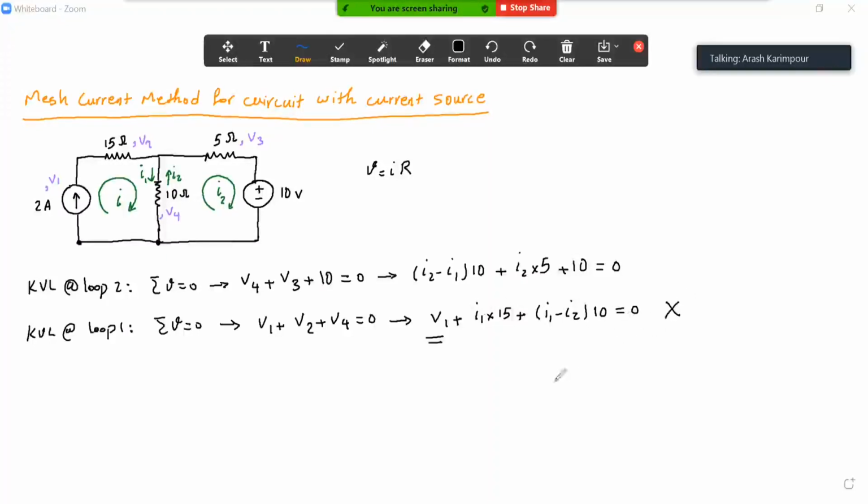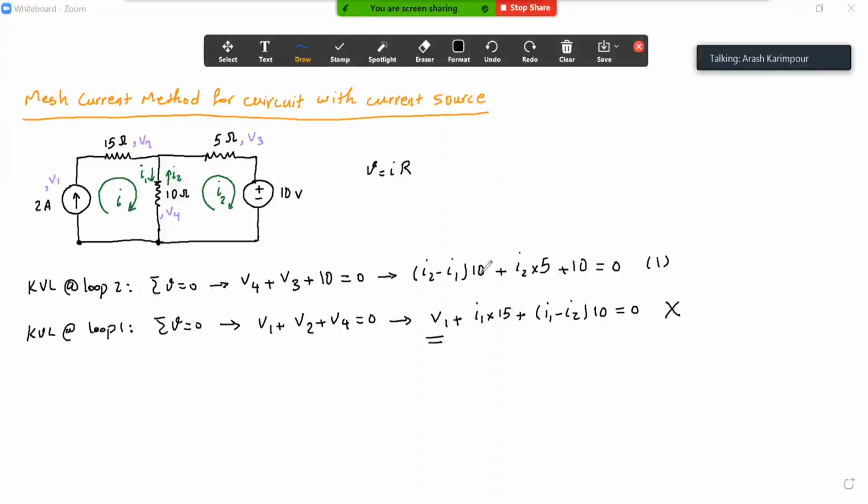I cannot use it. And this is the case any time that we have a current source and we want to use the mesh current. So whenever we have a current source in the mesh current, we have to come up with another way to get the equation we need. Here I have one equation, which I call equation 1, and I have 2 unknowns.